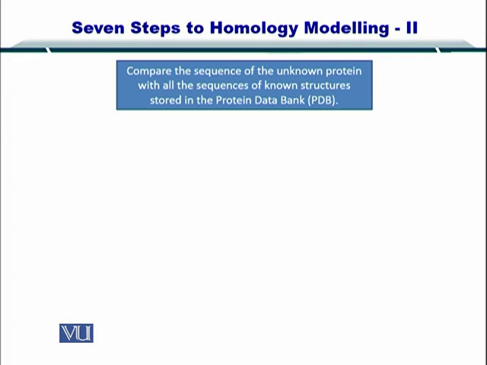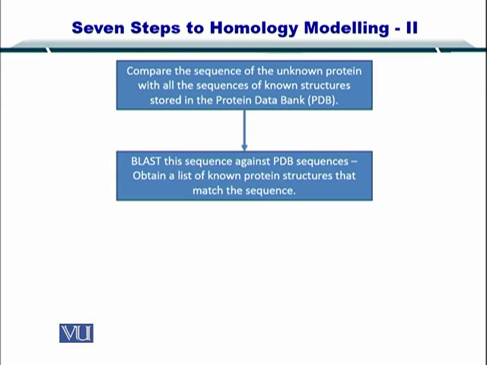This of course is found in the protein data bank, the PDB database, and you can go there and find which proteins have the structures reported for them. Next, you compare the sequence of the protein which has an unknown structure against all the proteins whose structures are known. So you BLAST them and then you find out the proteins which have the highest score.